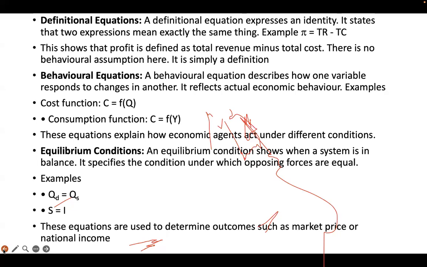Or you can make it simple: when demand is equal to supply, there's equilibrium. Thank you, sir. At that equilibrium level is where you get the price and the quantity.